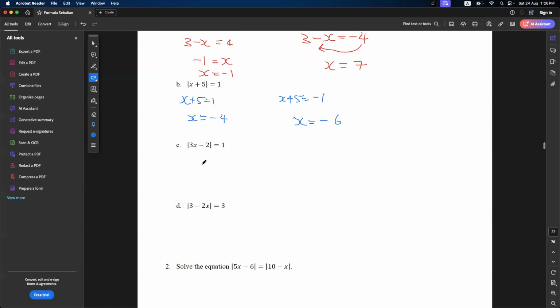Same for this one here. 3x minus 2 is equal to 1. 3x minus 2 is equal to negative 1. In this case, bring the 2 over, plus 2. Bring the 3 over, divided by 3. X is equal to positive 1, or this one here, x is equal to 1 over 3. Both ways still work.